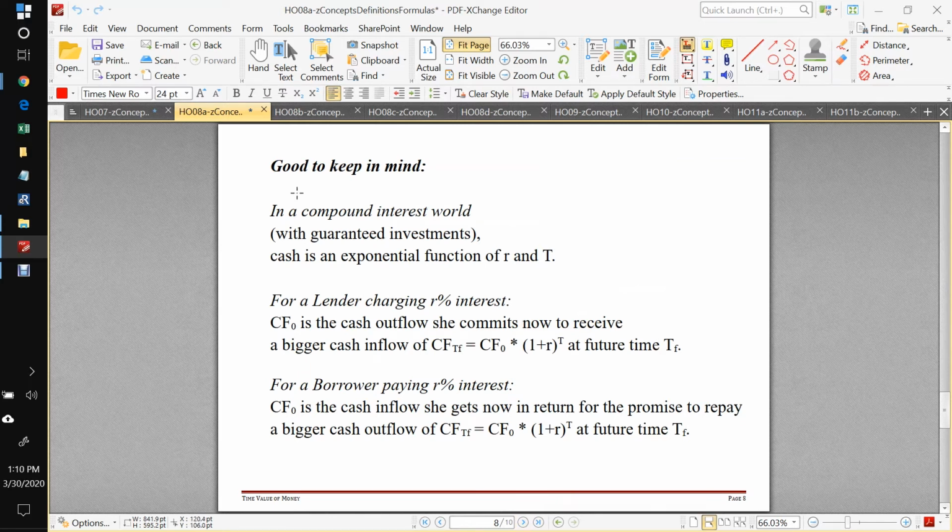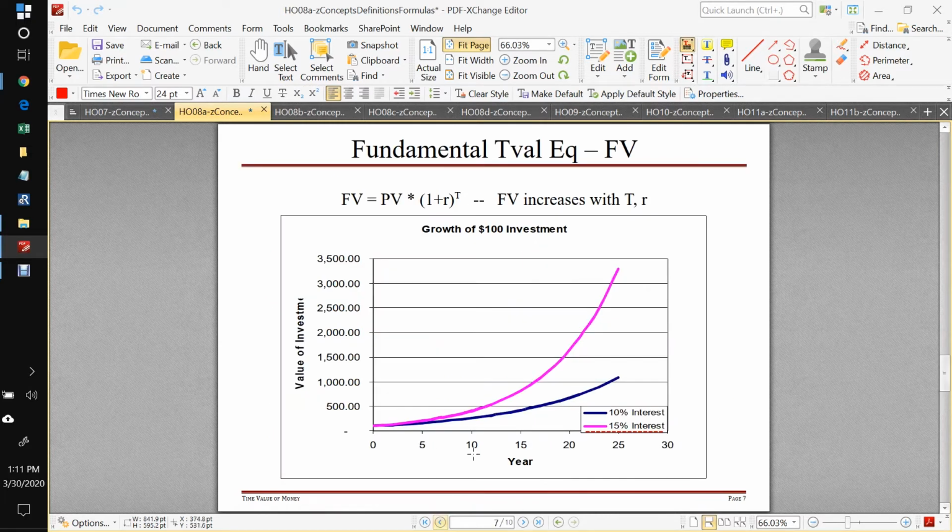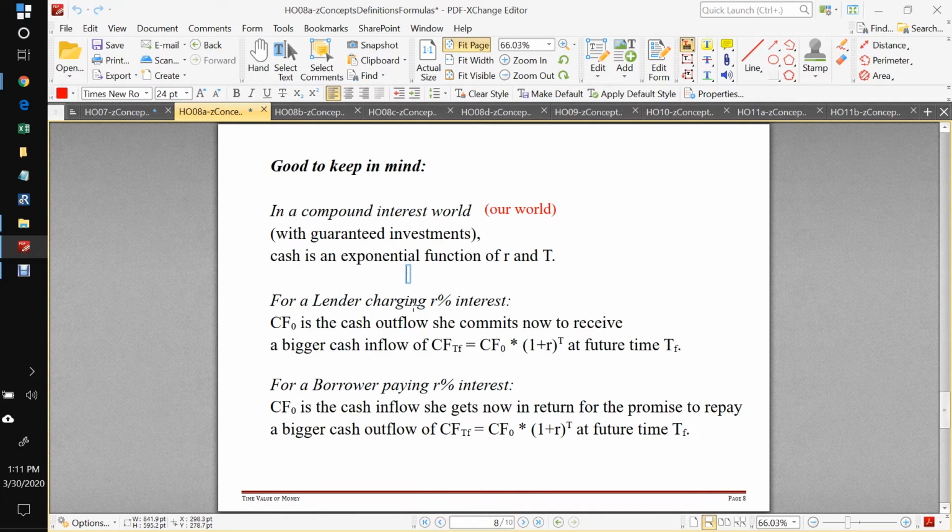Okay, and a few good things to keep in mind in a compound interest world, which is typically our world. Whenever our investments are guaranteed, cash truly is an exponential function of time. You can see it clearly on that graph. And for a lender charging R% interest, cash flow at t equals 0 is her cash outflow.